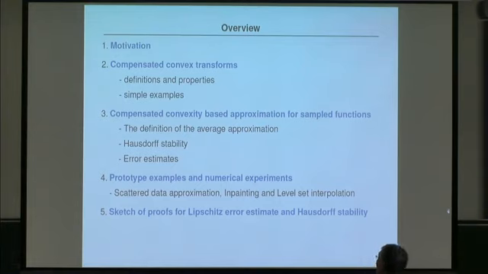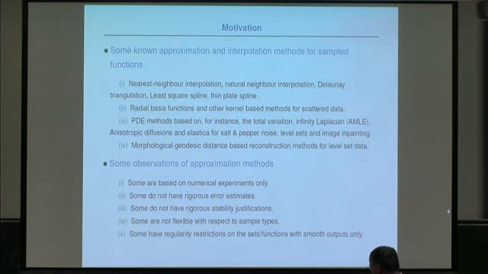The motivation is mostly a quick review of some known methods for approximation and interpolation dealing with sampled functions, which means there are holes or scattered data that you try to interpolate.